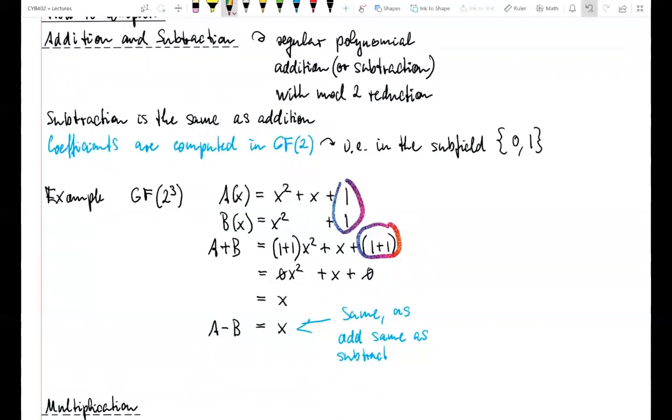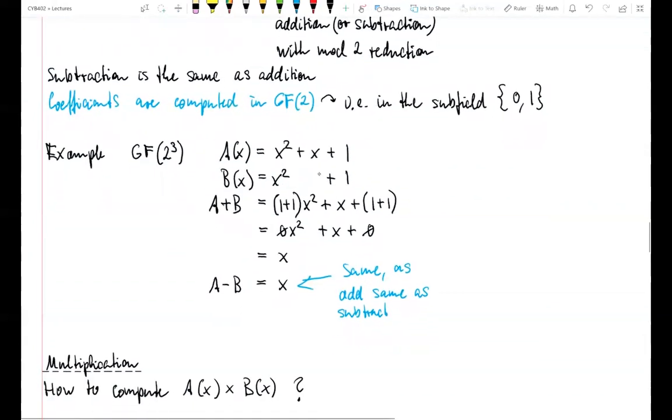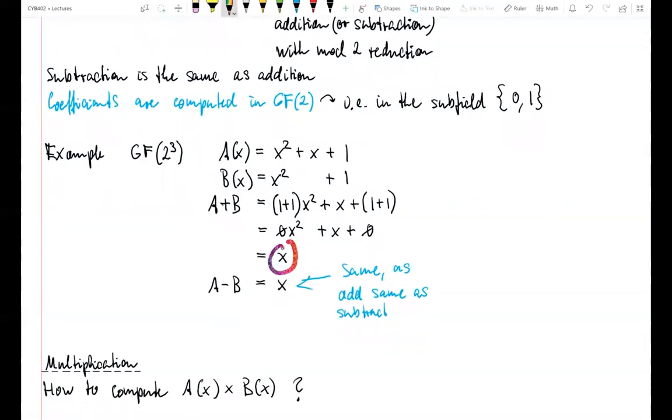The same is true for x squared. So we have 2x squared, and we modulo reduce that to 0. So both this part and this part fall out of the picture, and the only one that is remaining is the x that we had here. So the result of this addition is just x, okay?